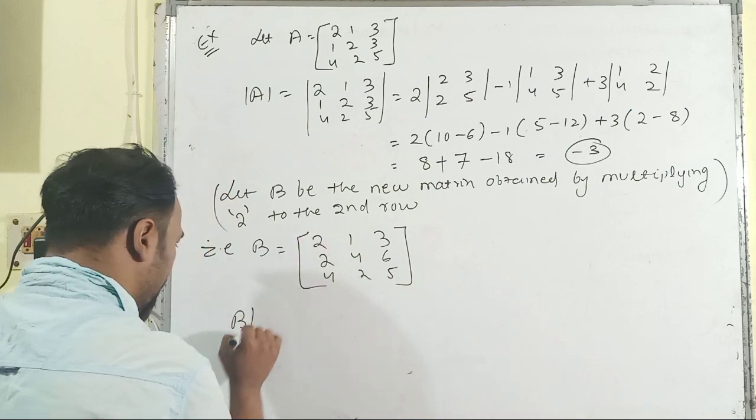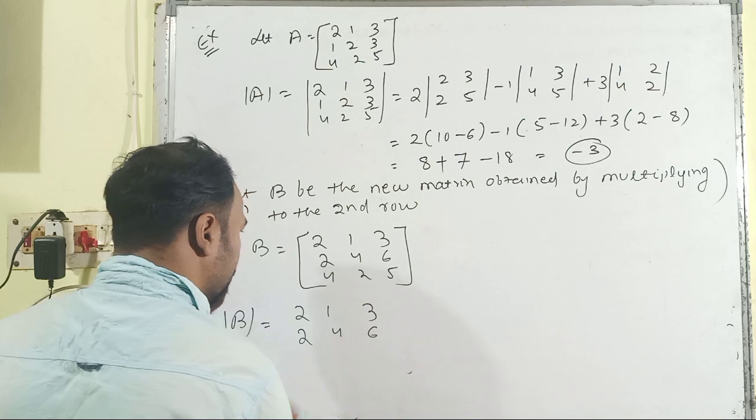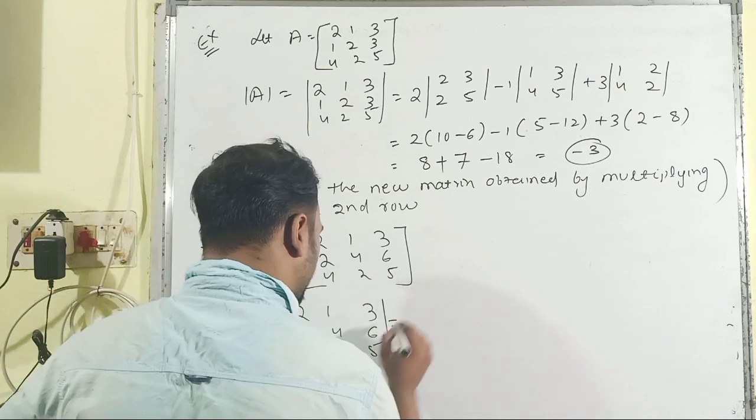And here the determinant of B is this determinant. Then we have to solve it.